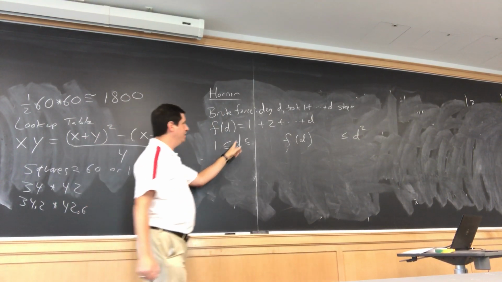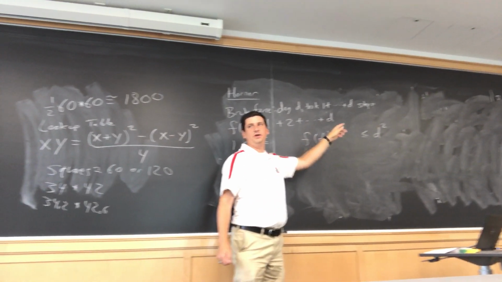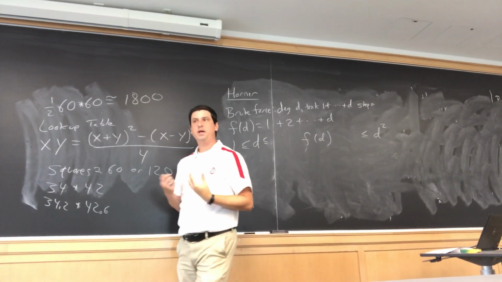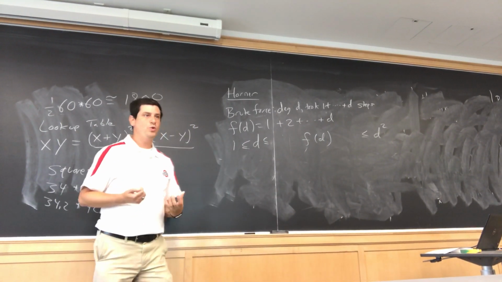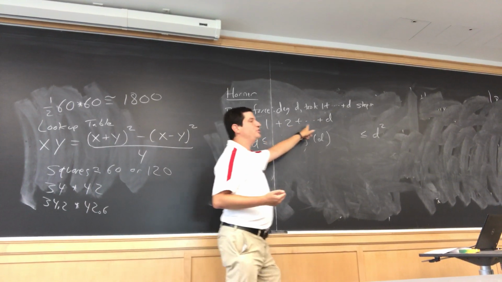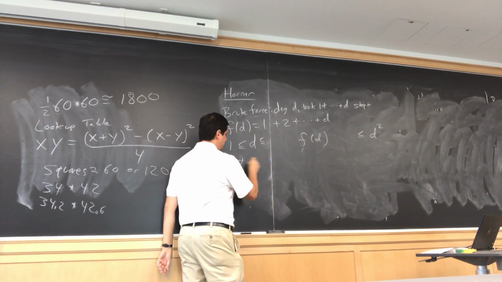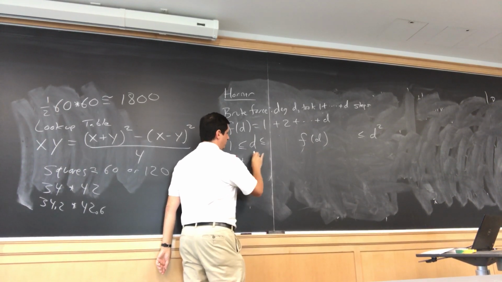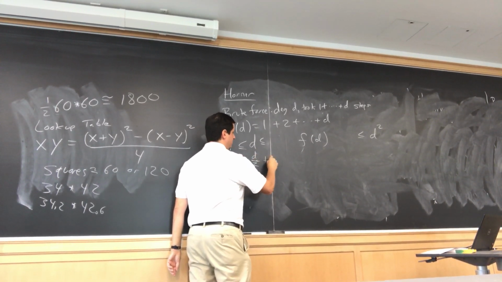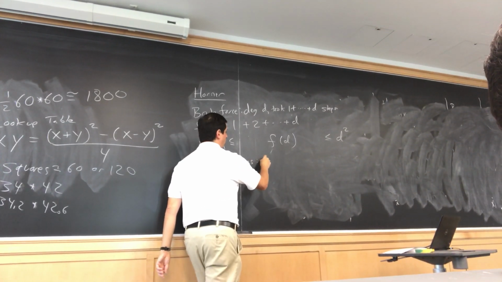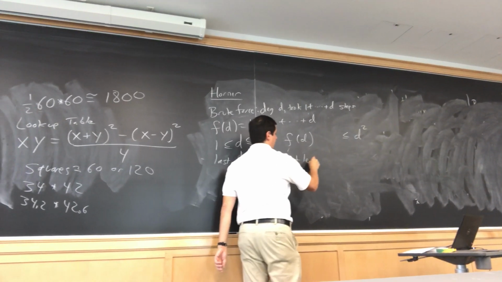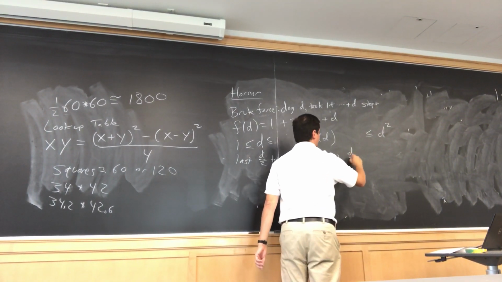And so what we did is we looked at just one term. Rather than looking at one term, we could look at many terms. We could look at, in fact, say d over 2 terms. Look at the last d over 2 terms, all at least d over 2.